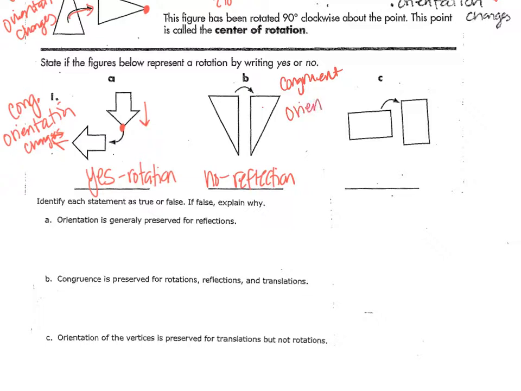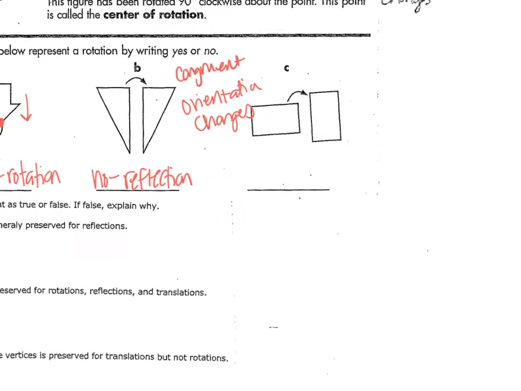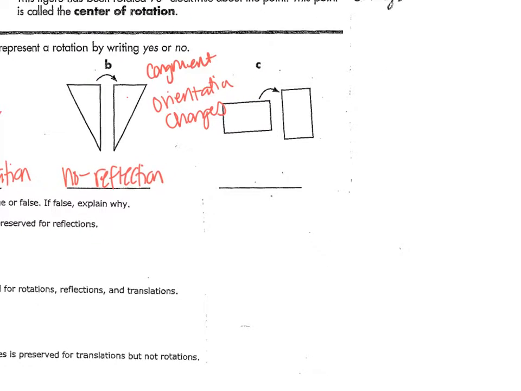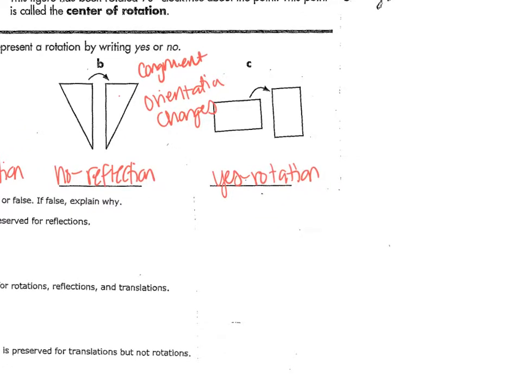So the orientation changes. And C, this is, yes, a rotation, but the size doesn't change, I don't think. I know it kind of looks a little different, but for rotations, the size shouldn't change. So it should be congruent, and the orientation changed.